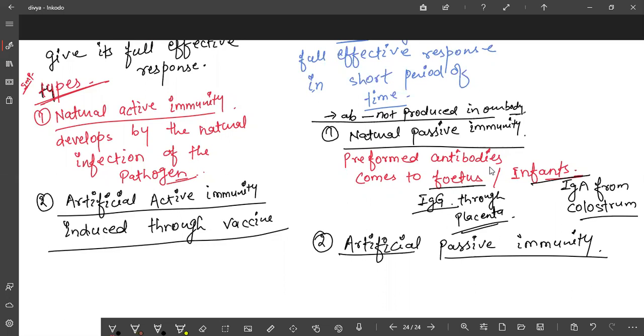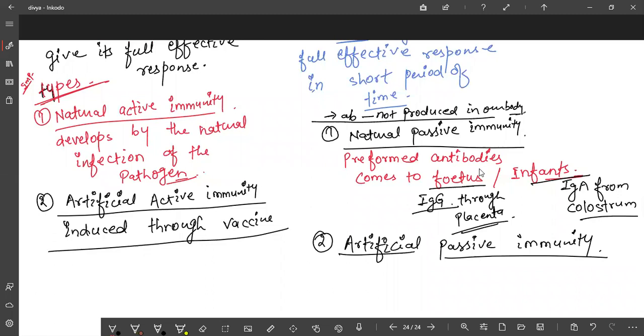So when we are in the fetus condition, the mother provides us this antibody IgG, and this IgG comes from the mother's body.